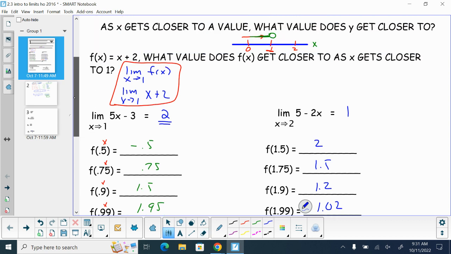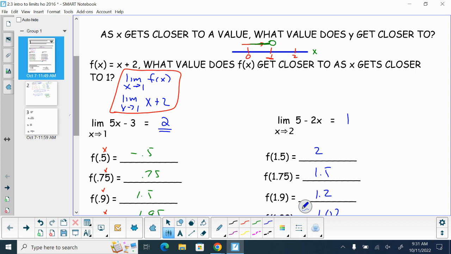Let's go back up to this one up here. Limit as x approaches 1 of x plus 2. So we have f at 0.5, f at 0.75, f at 0.9, f at 0.99. We're adding 2 to this, so hopefully we don't have to clickety-clack through our calculator.